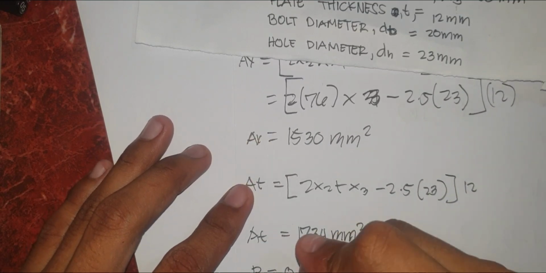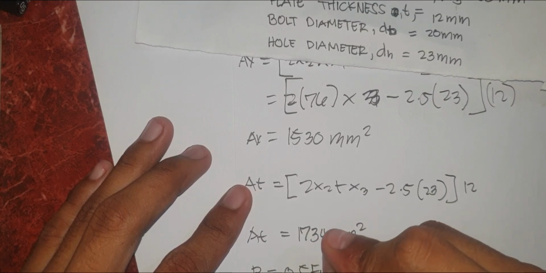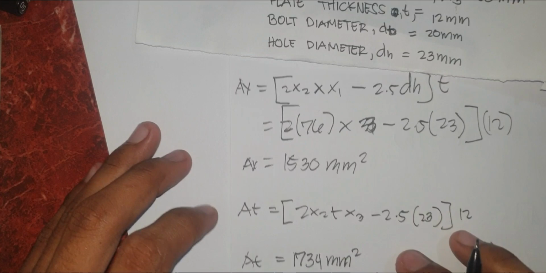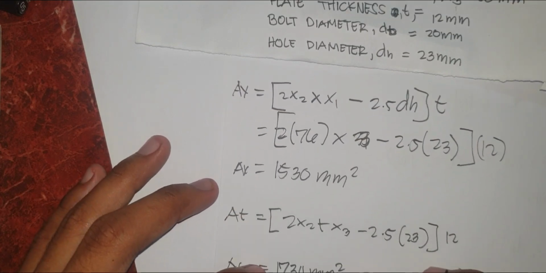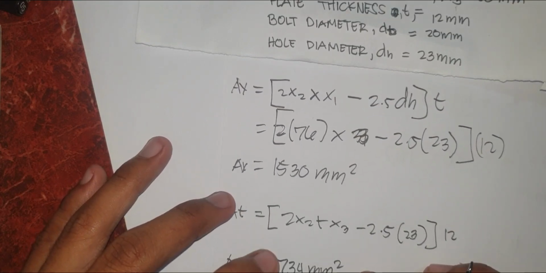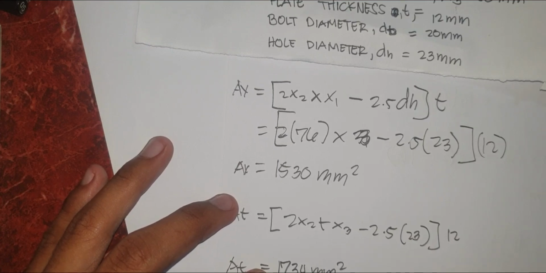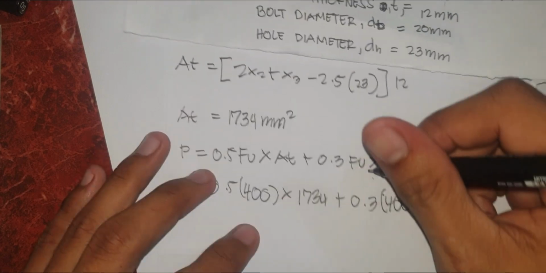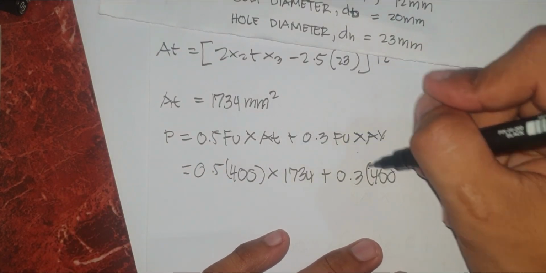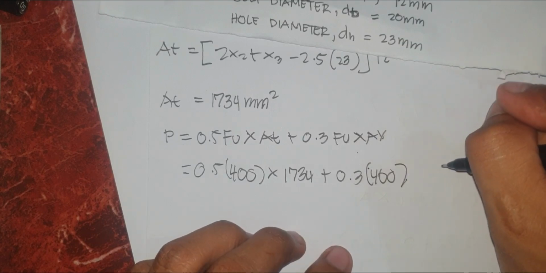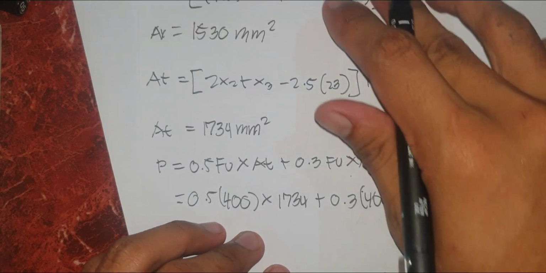So 0.5 times 400 times AT, which is 1734, plus 0.3 times 400, Fu is 400, times EV.